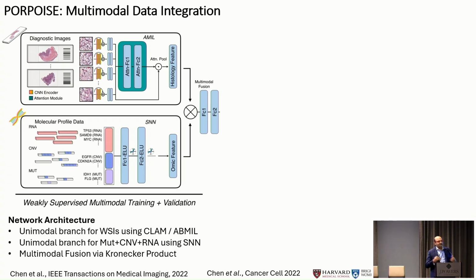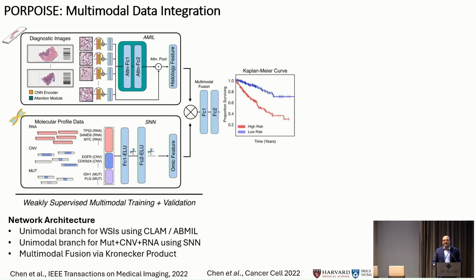It was run in a pan-cancer manner, trying to see if we can improve prognostication, but also answer some of these fundamental questions: is it possible for us to prognosticate patients just using histology alone, because histology is a much cheaper modality than molecular information, and might not be available in a lot of low-resource settings.